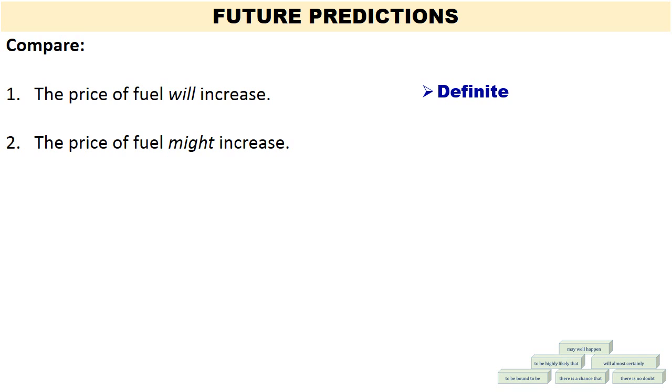Well, in the first sentence, this is a more definite prediction. We strongly believe that the price of fuel will increase. The second sentence is a less definite prediction. The price of fuel might or might not increase. We're not as sure.